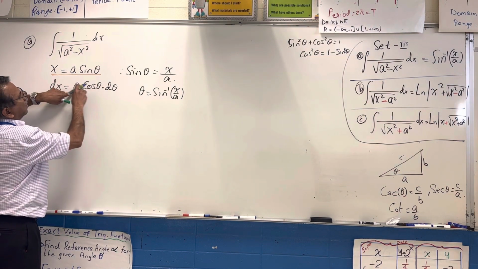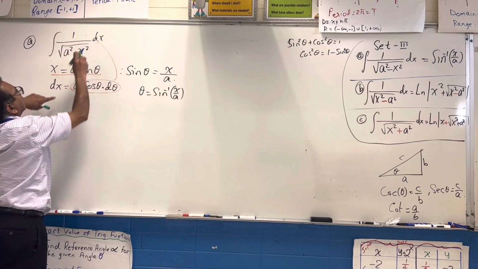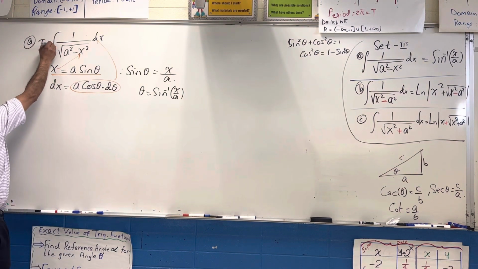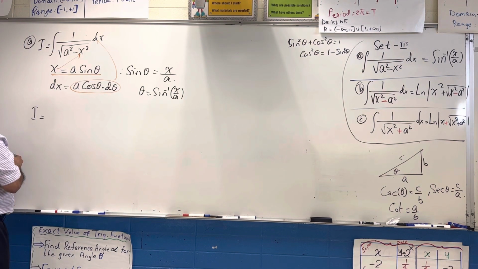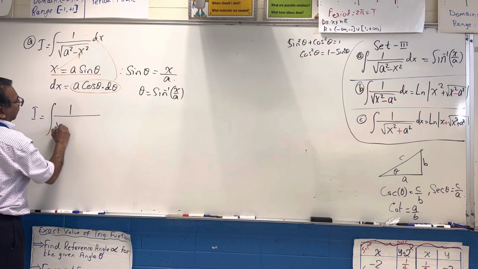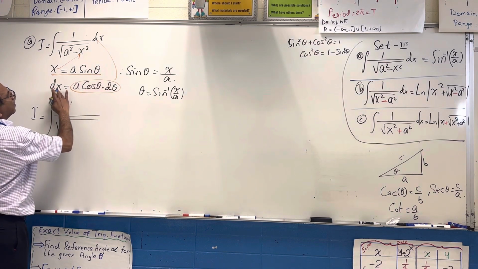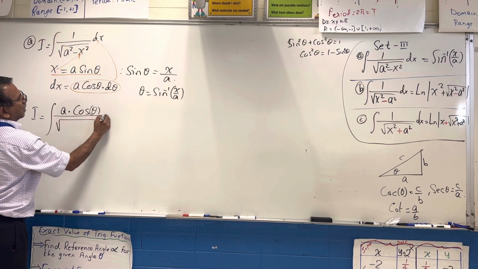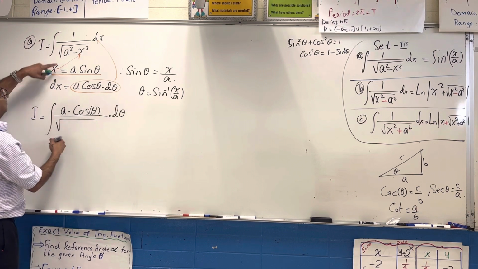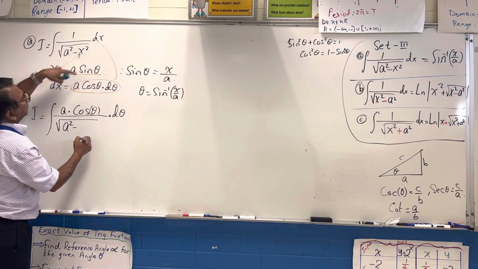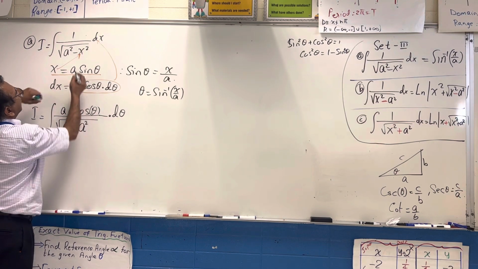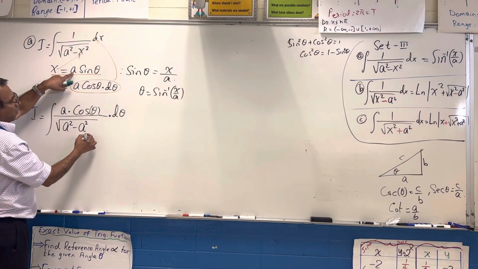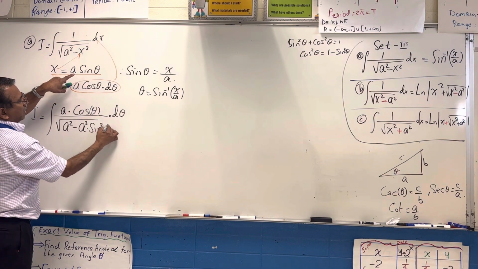The dx is a cosine theta d theta, and x is replaced, so the integral I now becomes the integral of 1 over the square root, and this dx I'm replacing by a cosine theta d theta. Down here it will be a squared minus a squared sine squared theta, because when you replace x, it is a squared sine squared theta.